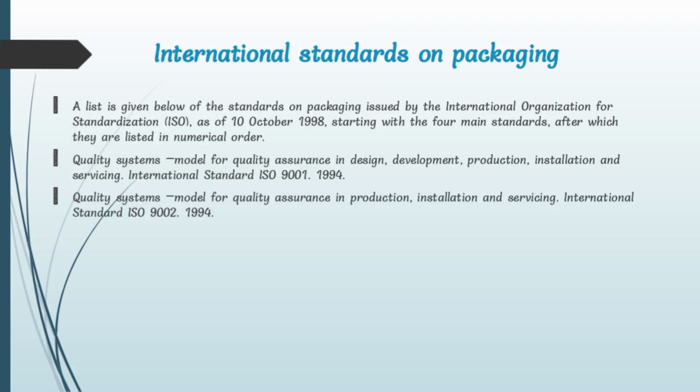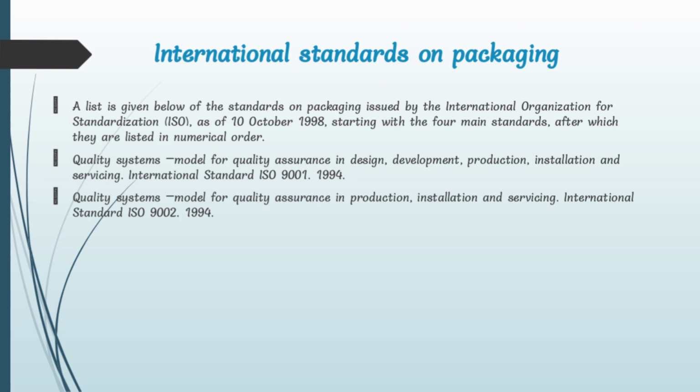International standards on packaging. A list is given below of the standards on packaging issued by the International Organization for Standardization, that is ISO, as of 10 October 1998, starting with the four main standards, after which they are listed in numerical order.